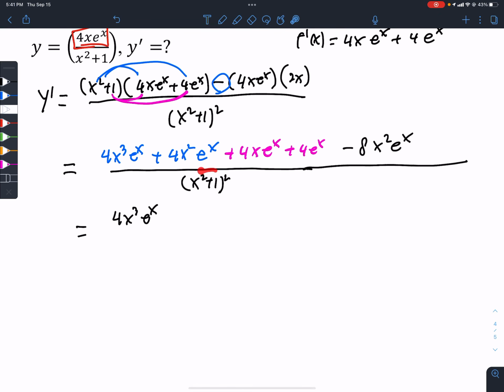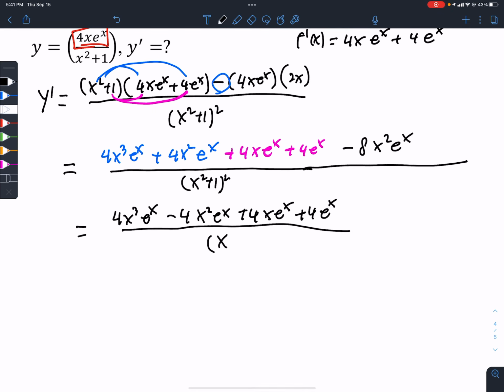And then again, we're going to combine those and those. I have 4, take away 8. I'm going to owe 4 still. Minus 4x squared e to the x. Let me make that prettier. And then I have all of that all over x squared plus 1 squared.